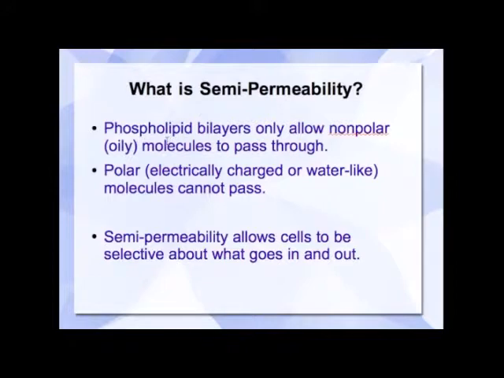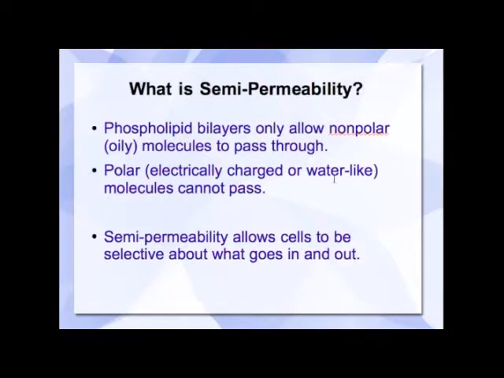Phospholipid bilayers are oily in the middle, and so the only thing that can pass completely through them are things that are also oily, and otherwise known as nonpolar. Molecules that are polar, that is, that are electrically charged, whether negatively charged or positively charged, or molecules that have a water-like nature to them, meaning they like to hang out with water.